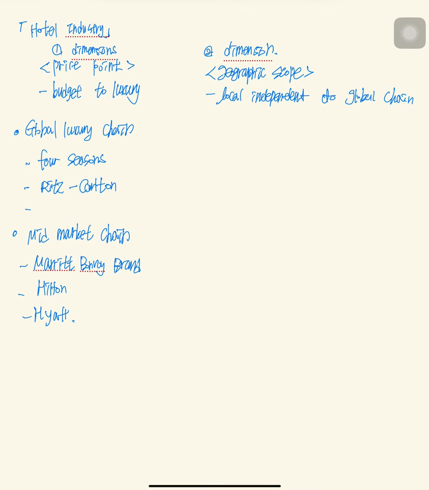And also they have budget chains, Holiday Inn, Ibis, and Travelodge.